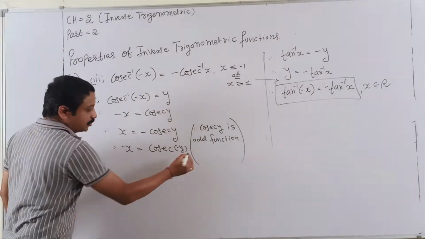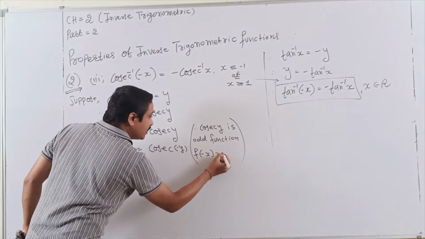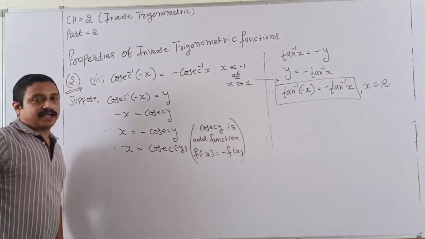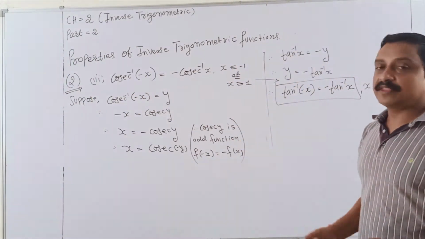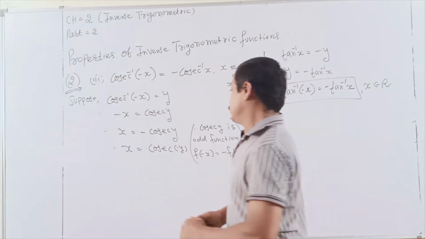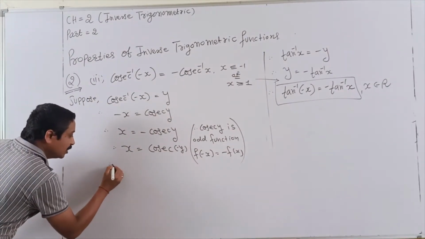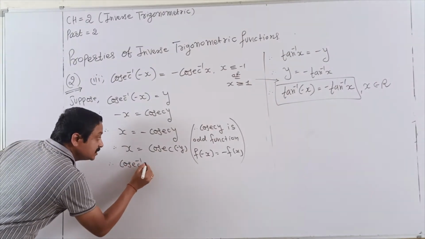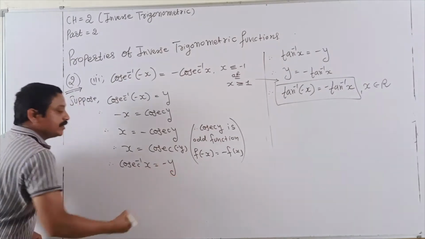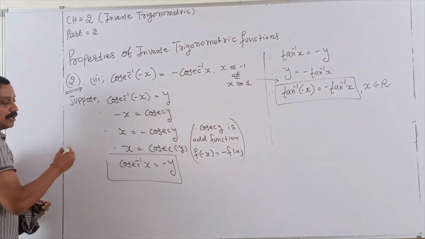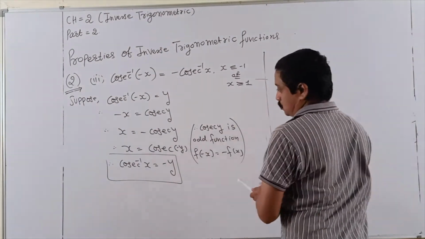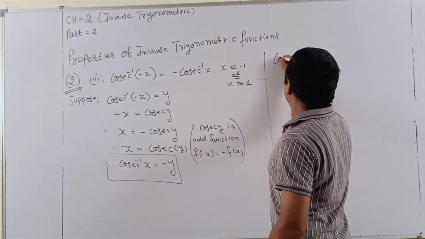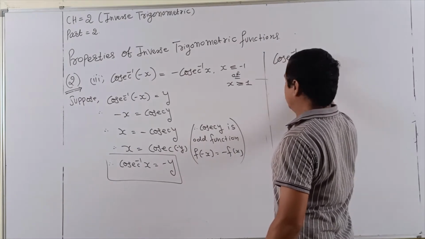The odd function definition is known; one more time I revise: f of minus x is equal to minus f of x. So finally, cosec inverse x is equal to minus y.